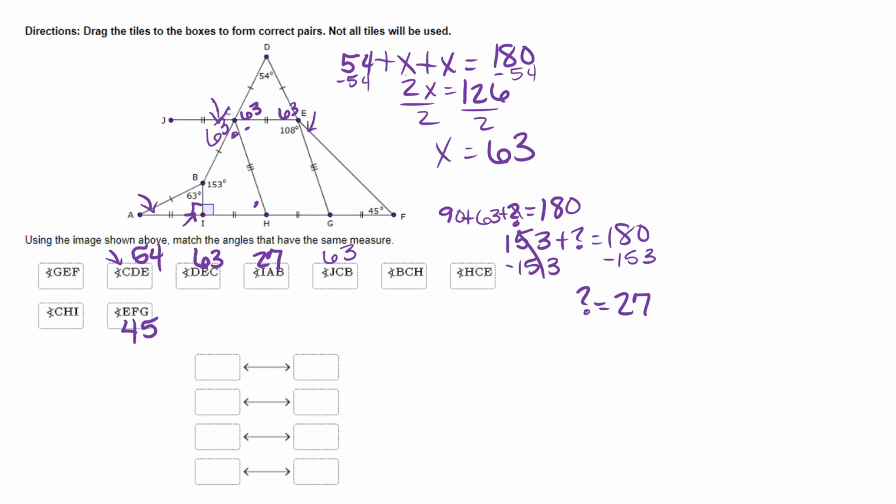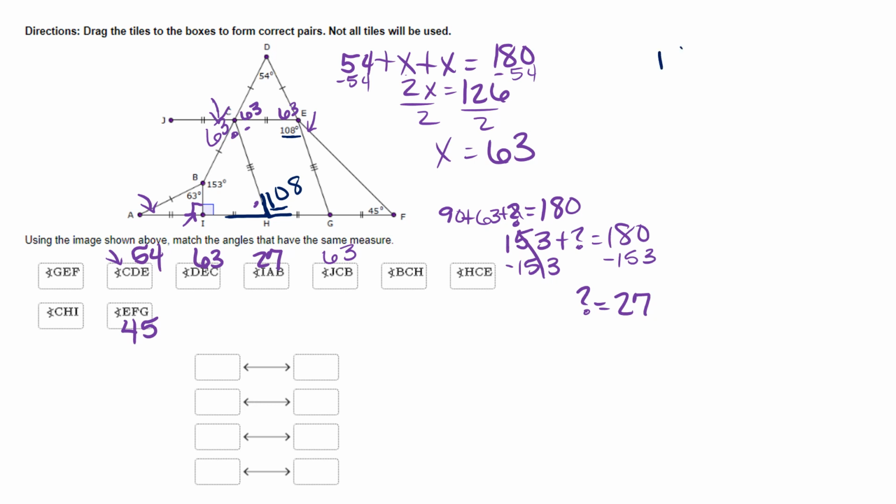So I know that this in the middle right here is a parallelogram. And what that tells me is that the part you see that's 108 right here and this angle are congruent, which means that this one is also 108. I also know that this angle and the 108 form a linear pair.